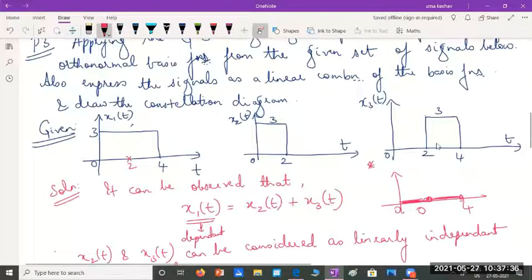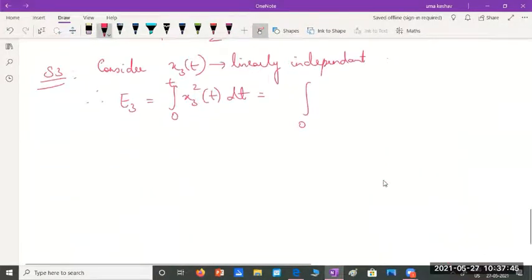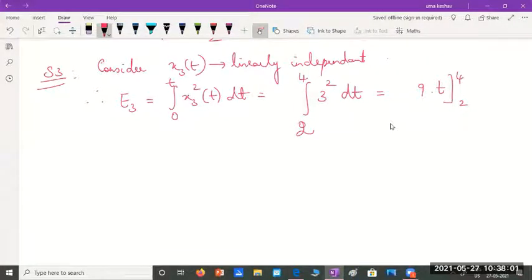Look at the signal. x3 is present in the time interval 2 to 4 and its value is 3. Magnitude is 3. So here this exists from 2 to 4 and the magnitude is 3. So 3 square dt. I think you will get 9 into t, and t should be computed for the interval 2 to 4.